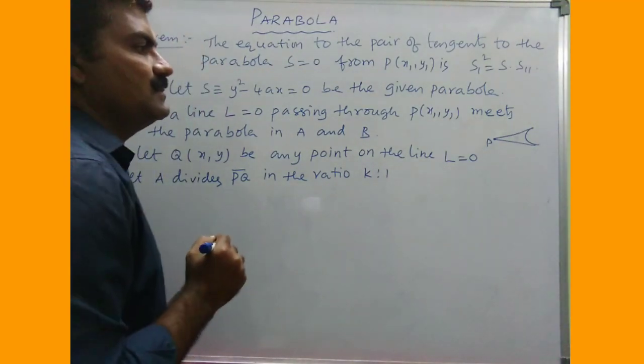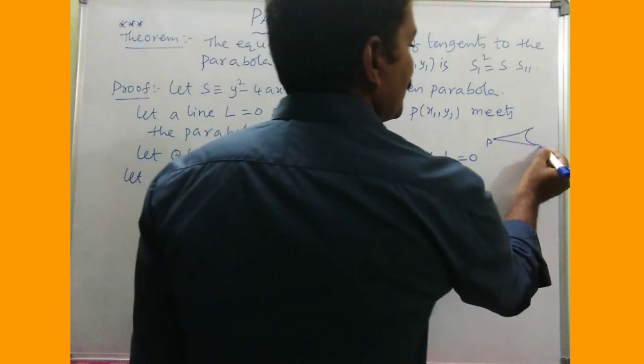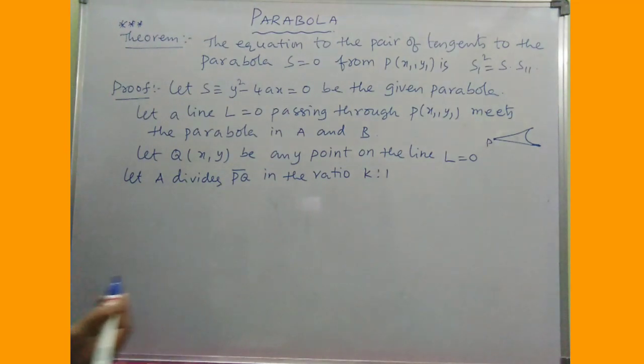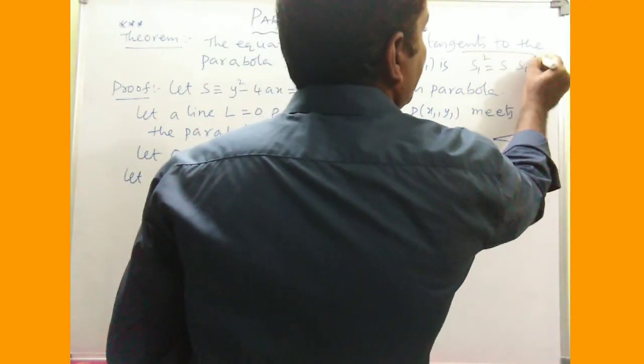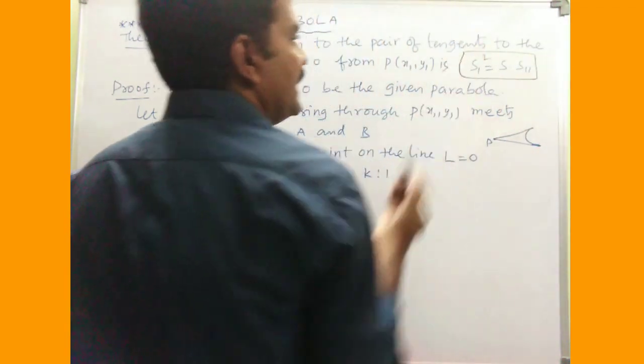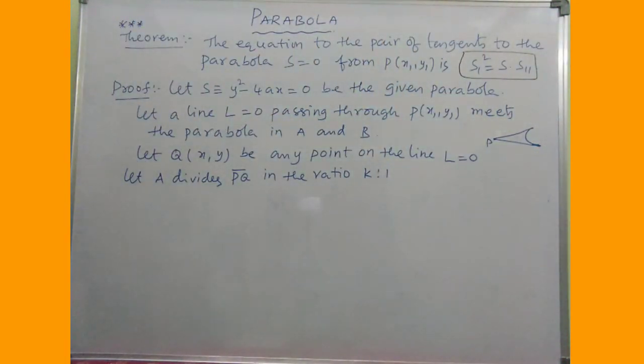Pair of tangents. So that is what we are going to find now. So look at the statement, everybody. The equation to the pair of tangents to the parabola S equals 0 from a point P(x1, y1) is given by the formula S1 square equals S into S11.